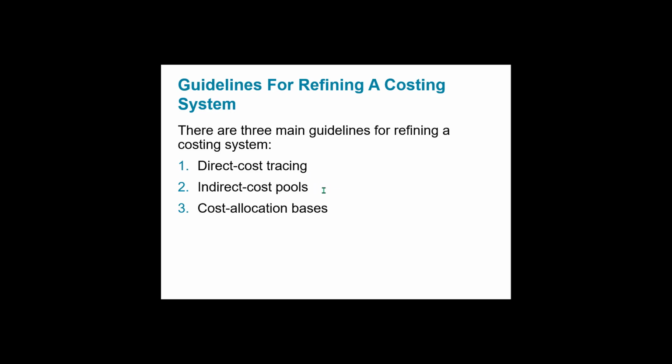All costs in a homogeneous cost pool have the same or similar cause and effect relationship with a single cost driver. And then finally, for your cost allocation base, whenever possible, you want to use the cost driver as the cost allocation base for each homogeneous indirect cost pool. Not always possible, but you want to try. Okay.